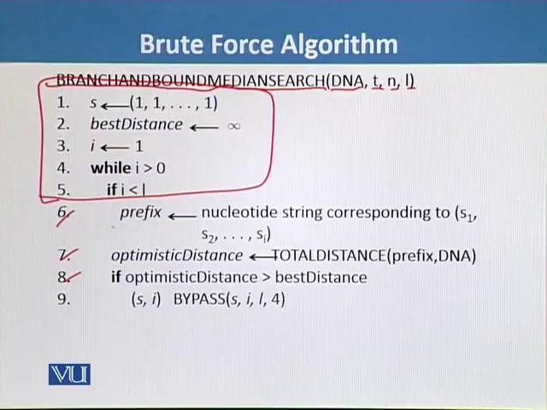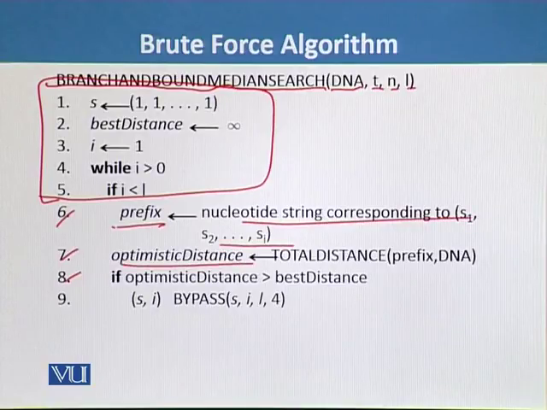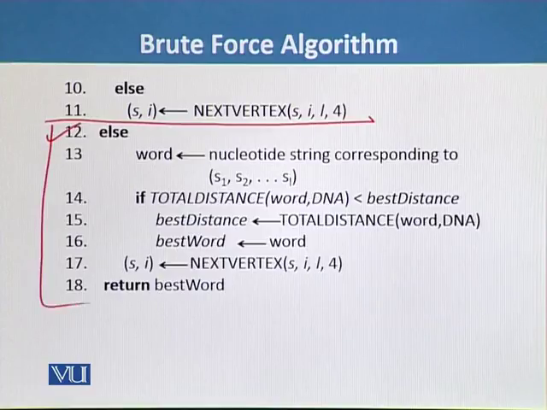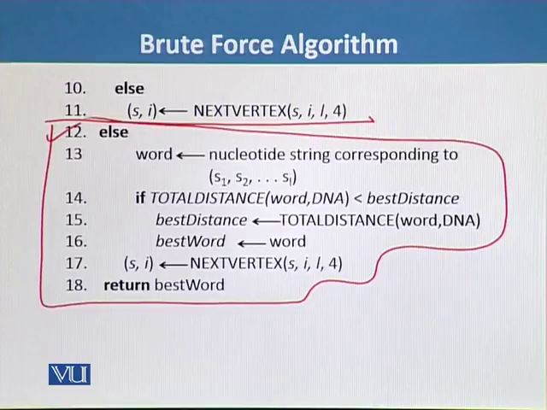From step number 6, we will assign the prefix, that is the nucleotide string corresponding to this one. Optimistic distance, we have already seen this type of algorithm, in steps 9 up to step 11. Now from 12 onward, all these steps are the same steps which we have seen in the previous simple median search algorithm.